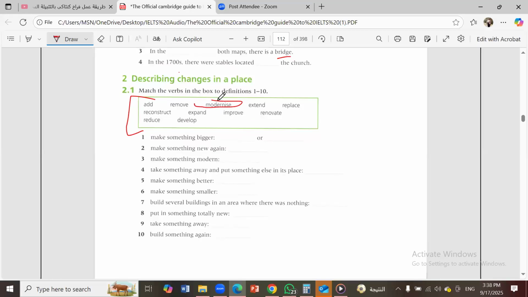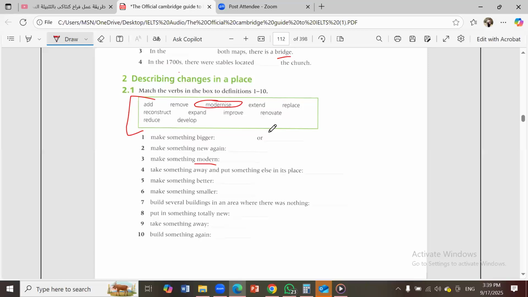Modernize. Modernize, great. Make something modern. Modernized. Yeah. Okay, and you can add modernize for this as well. Reconstruct or improve or renovate. These are all working.